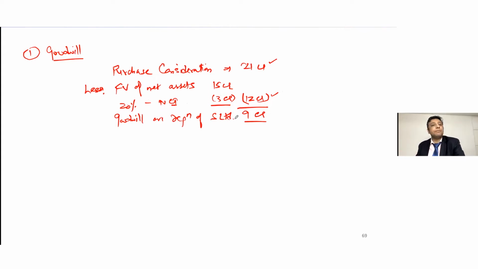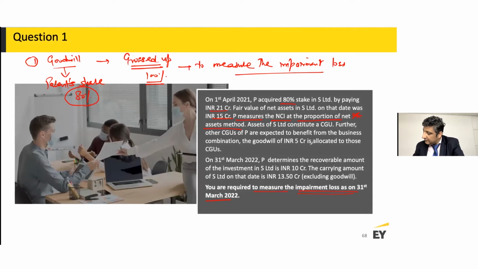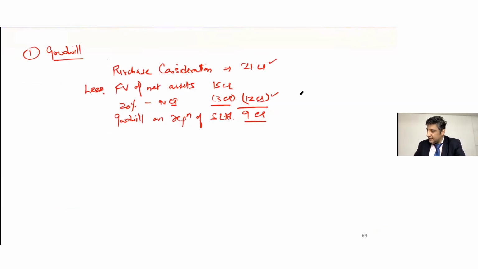Now, it doesn't stop here. Out of this 9 crores, we are also provided that 5 crores is allocated to other CGUs, which means that I will break this 9 crores and say that other CGUs have a goodwill worth 5 crores, and as attributable to S Limited, the balance amount of 4 crore comes in the picture.